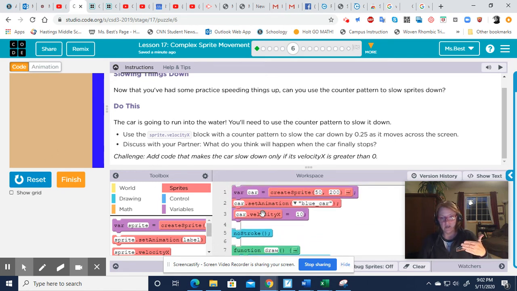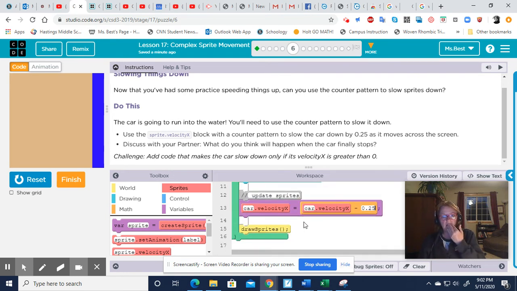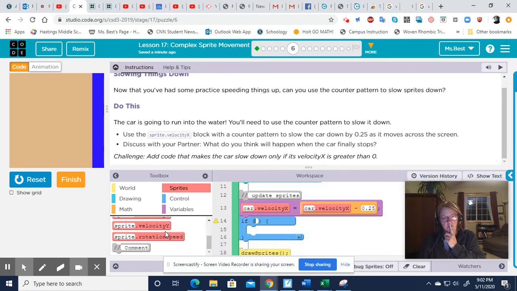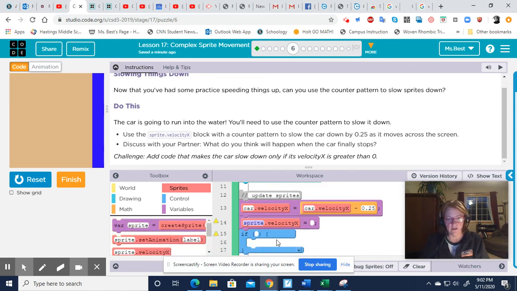So it only takes about a second and a half before it's going to reach that zero part. So I think what we have to do is put in a condition to say if this car's velocity in the x direction, hello, I wanted you here.